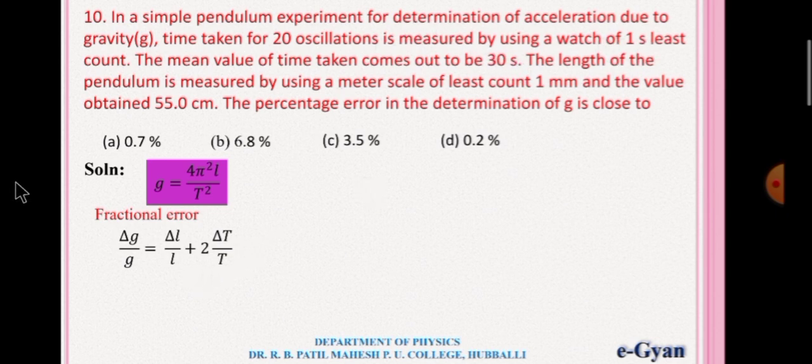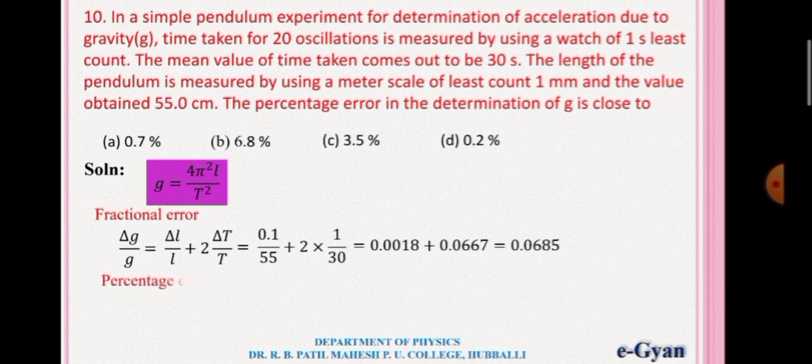Putting these values, we get 0.1 divided by 55 plus 2 into 1 divided by 30, which is equal to 0.0018 plus 0.0667, that is equal to 0.0685. This is the fractional error in g.